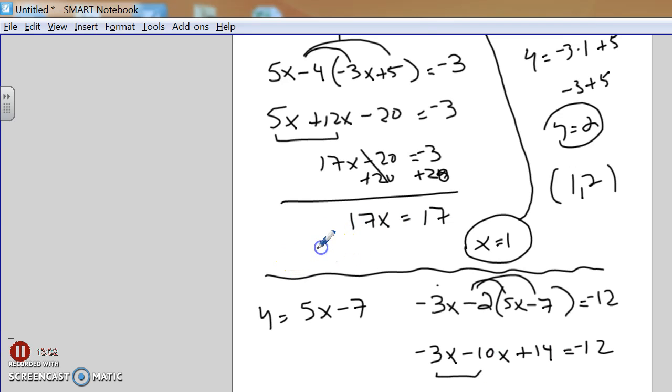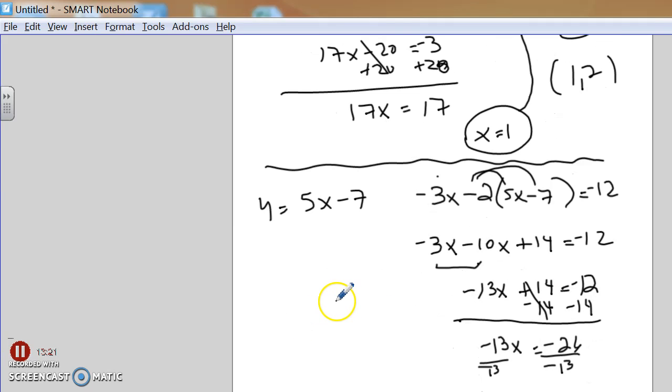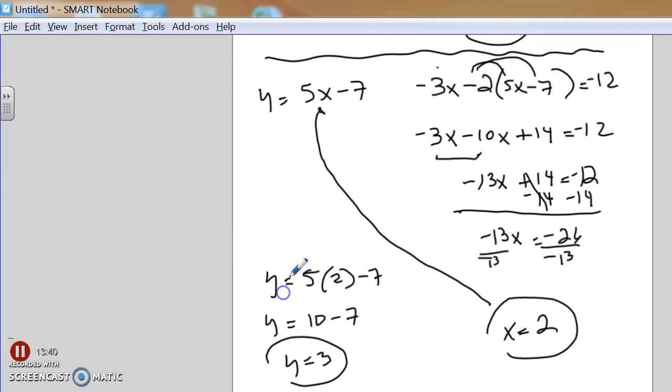And so this would be negative 13x plus 14 equals negative 12. If I subtract 14, I'm going to get negative 13x is equal to negative 26. And negative 26 divided by negative 13 gives me x is equal to 2. So if x is equal to 2, and remember I'm coming right back over here, y is going to be 5 times 2 minus 7, or 10 minus 7, so y is equal to 3. So our solution would be 2, 3.